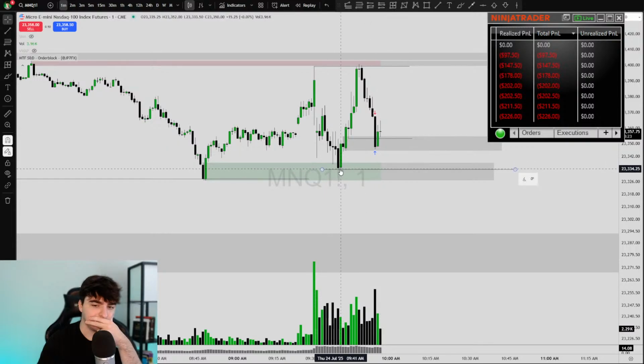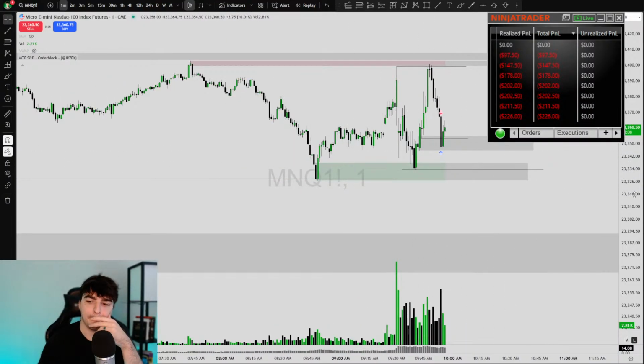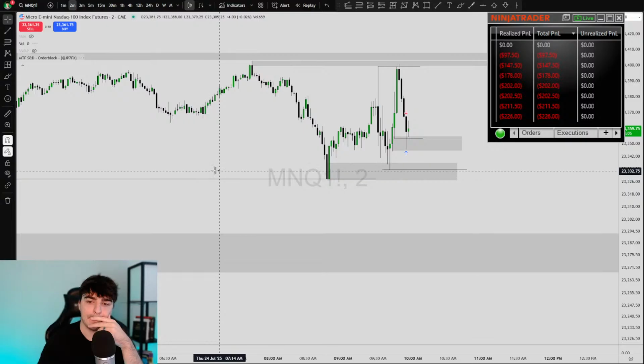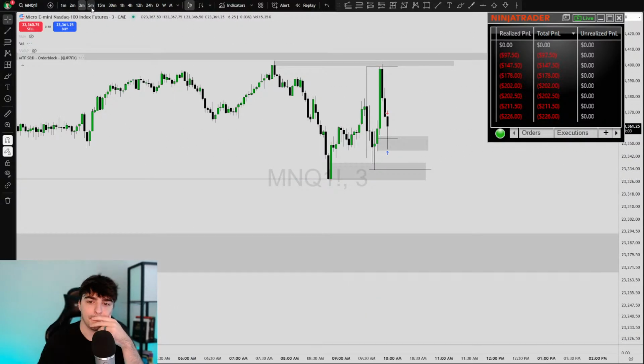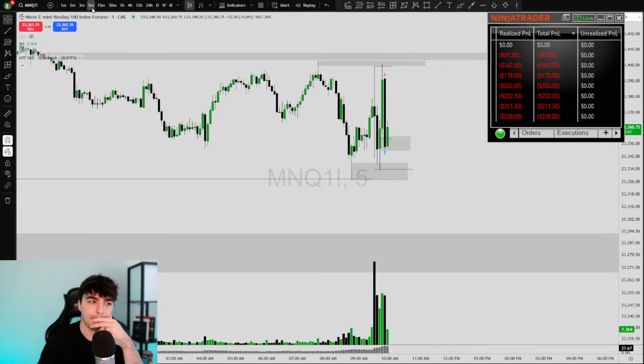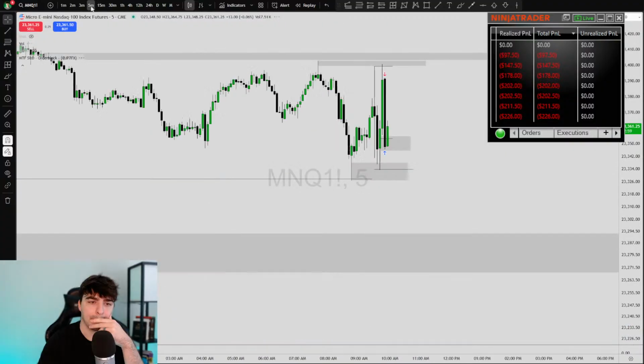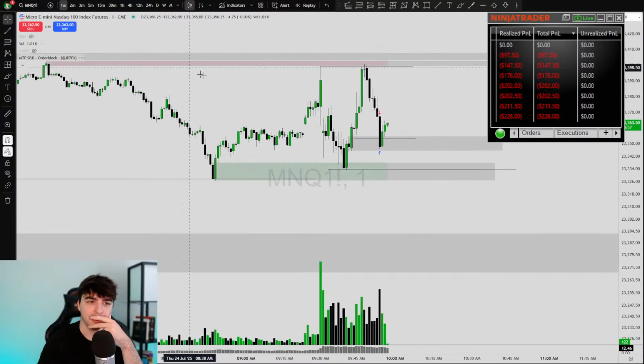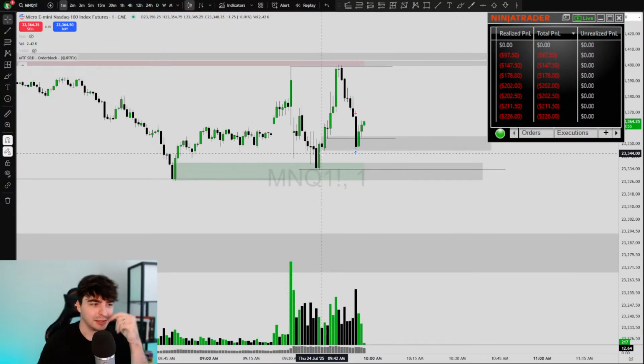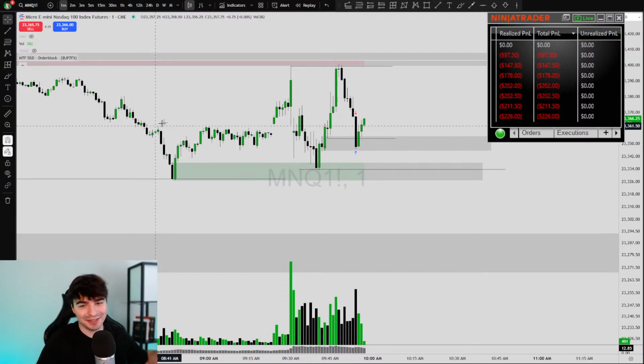I'm probably just going to wait for this low now. Still an order zone down there. I'm sure somebody in the Discord took this trade and is still in it.